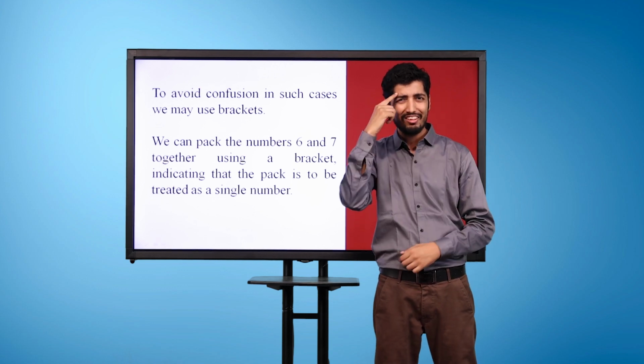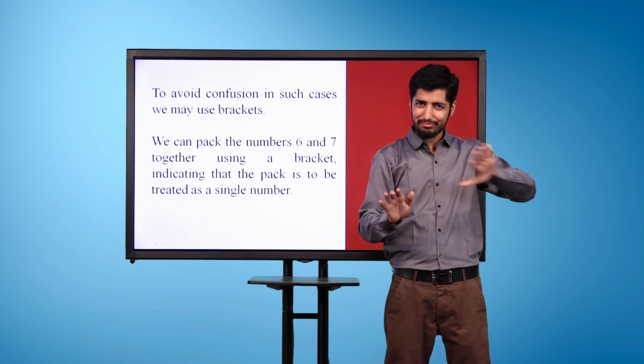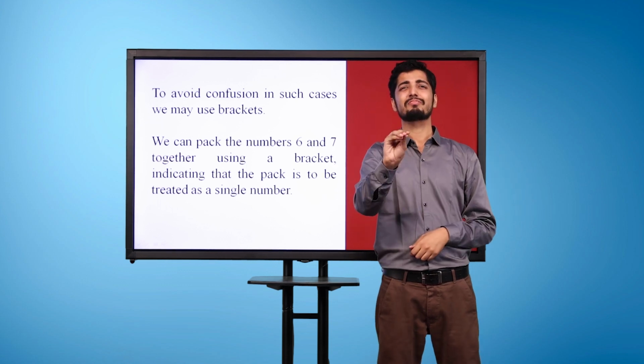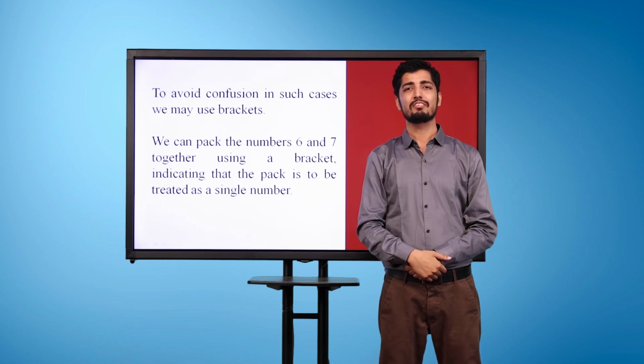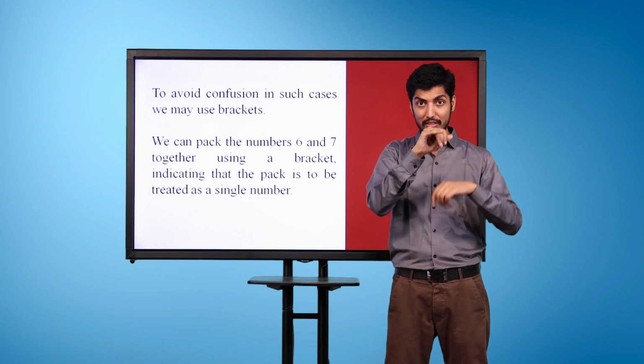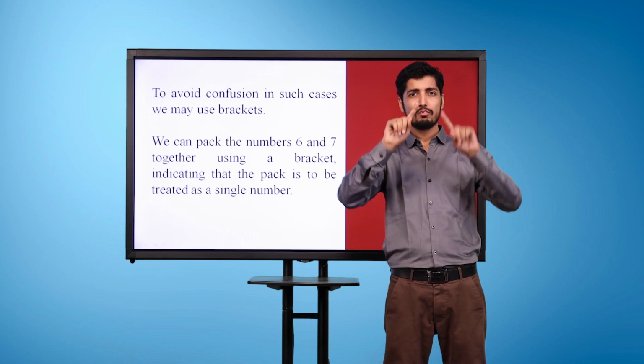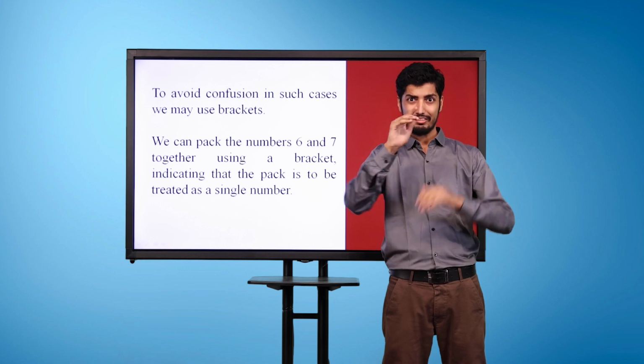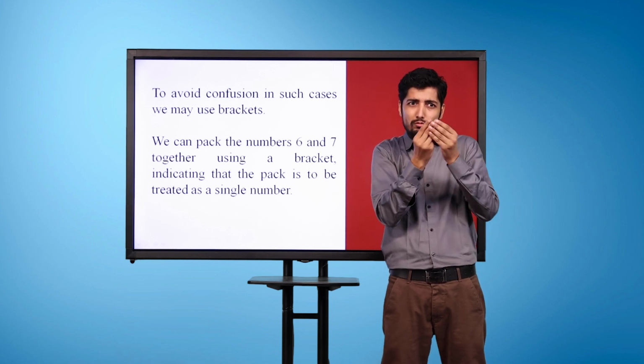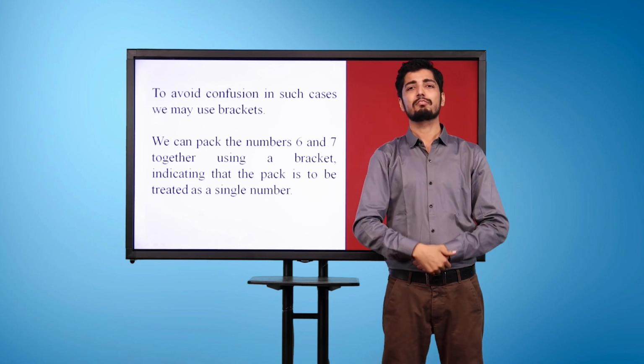To avoid confusion in such cases, we may use brackets. We can pack the numbers 6 and 7 together using a bracket, indicating that the pack is to be treated as a single number.